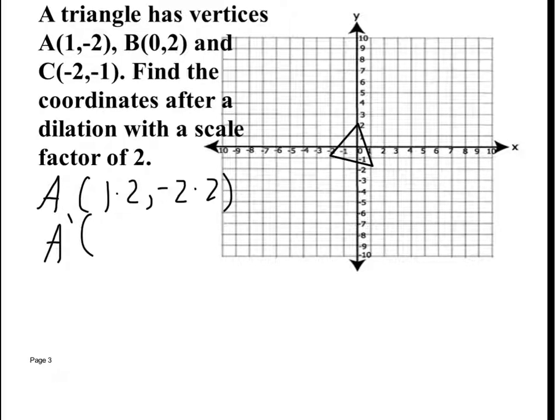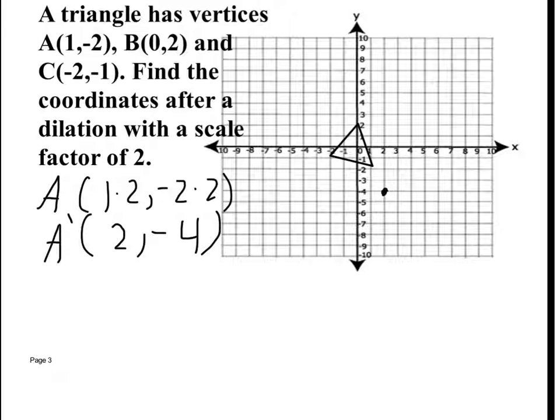What is 1 times 2? 2. What is 2 times negative 2? Negative 4. So A prime is at 2, negative 4. Let's graph that. Go to 2 on the x and negative 4 on the y. That should be A prime.